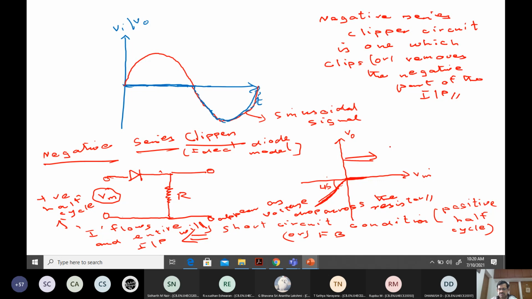This one corresponds to the positive transfer characteristics. So don't make a mistake, this is the transfer characteristic for the positive shunt clipper.